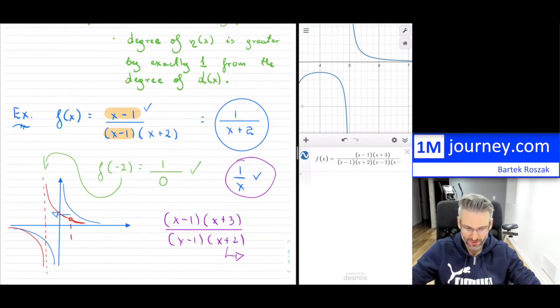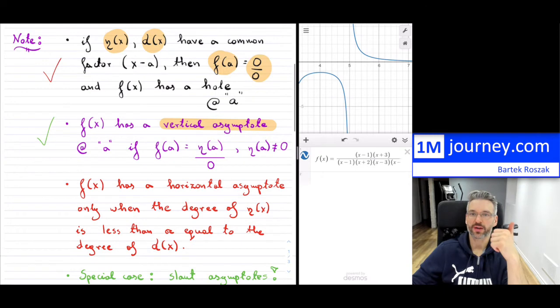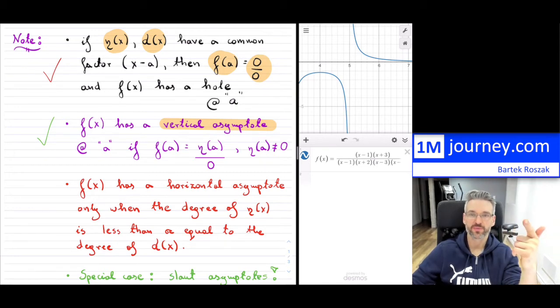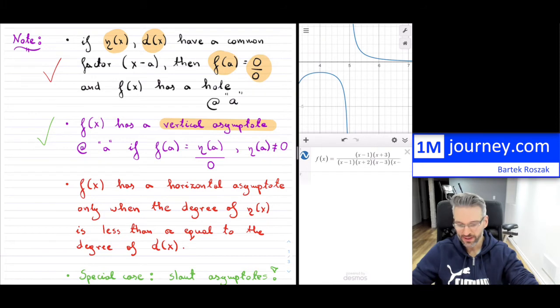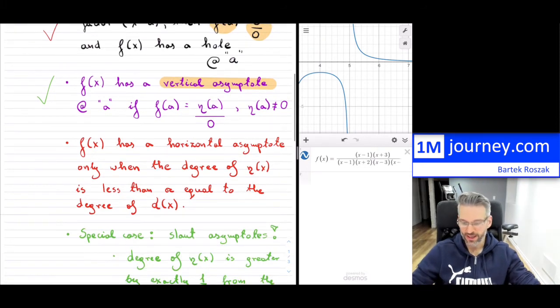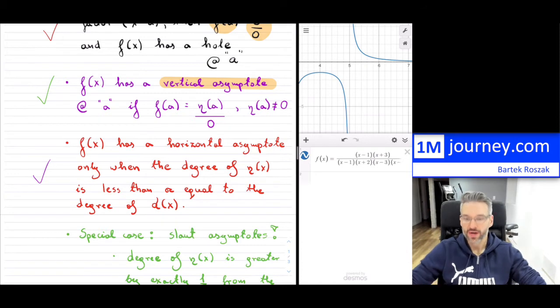So I'm going to squeeze out the decimals on the right hand side, and let's go back in here. We've covered holes, where we have indeterminate 0 over 0 happening in our rational function. We have vertical asymptotes whenever we find our zeros in the denominator, so we have an undefined result. And now notice, here are horizontal asymptotes.